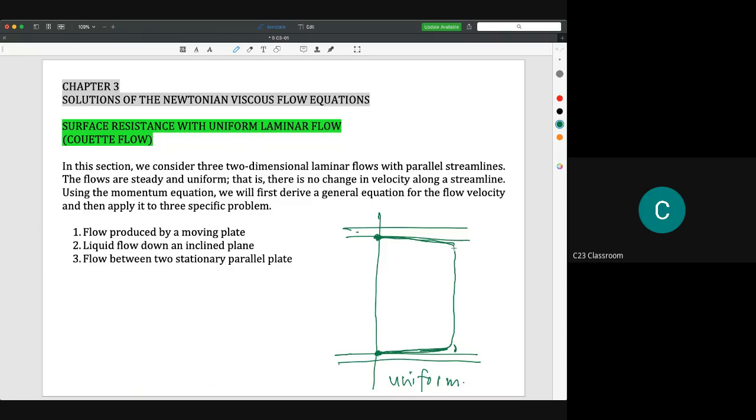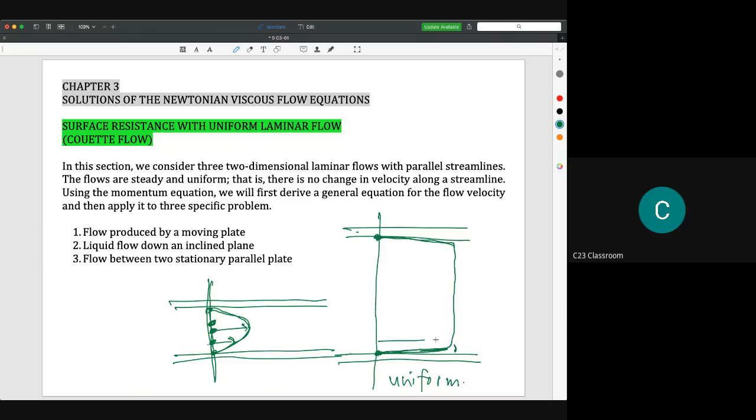But if you have a small diameter pipe like this, for example, and the velocity distribution is something like this, you cannot assume that this flow is uniform, because the velocity at this location and this location, at the same cross-sectional location, for example in the center, is totally different.